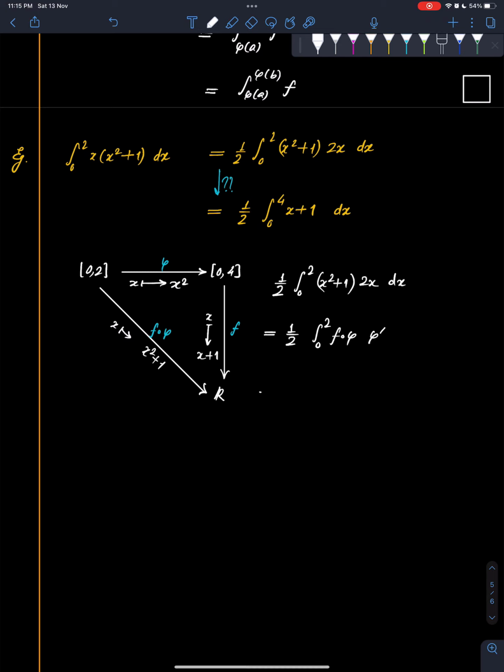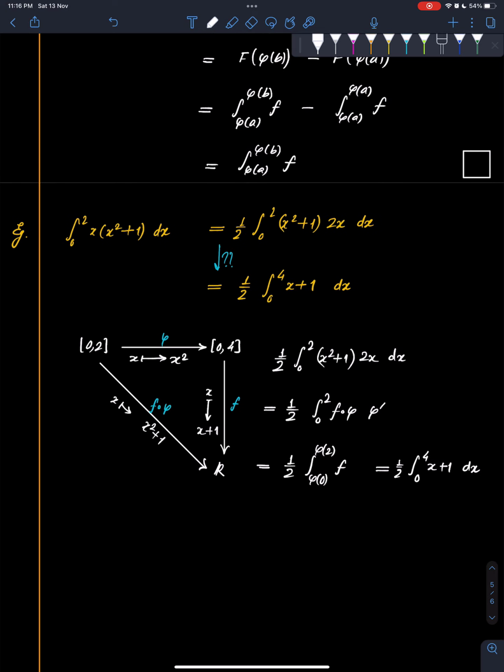And now if we apply the change of variables, we get half of the integral from phi 0 to phi 2, and here we'll have f, which by definition of phi is the integral from 0 to 4 of f. And what is f? f is x plus 1. So that's what is happening.